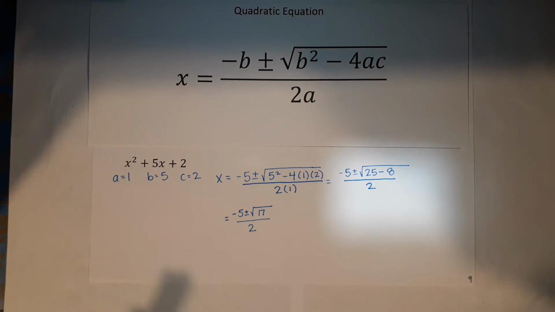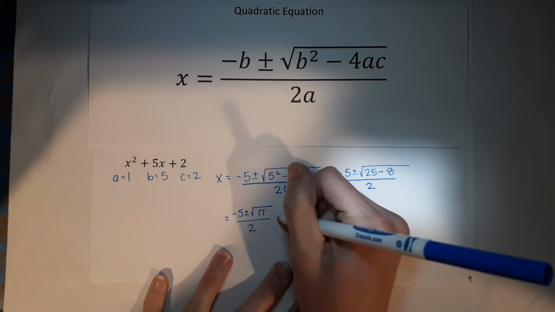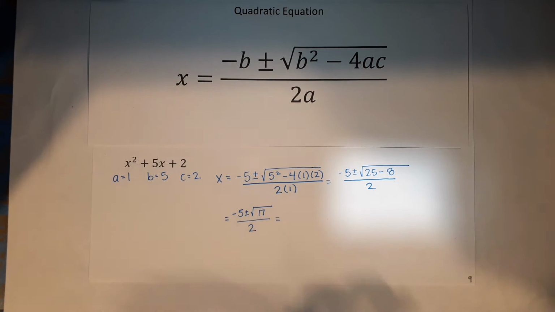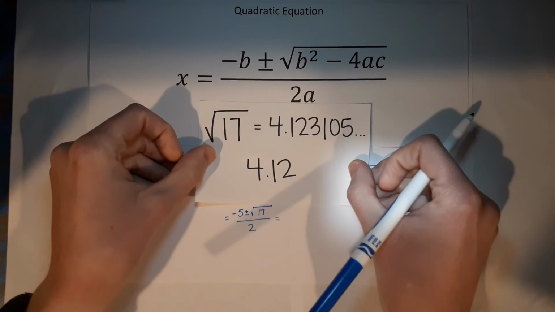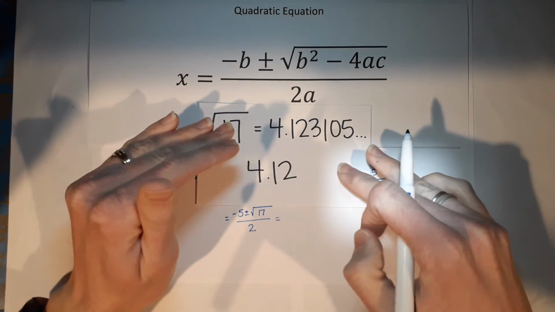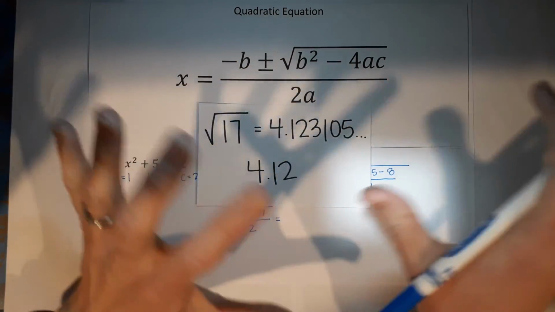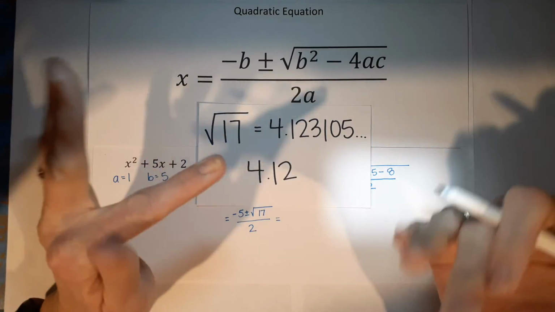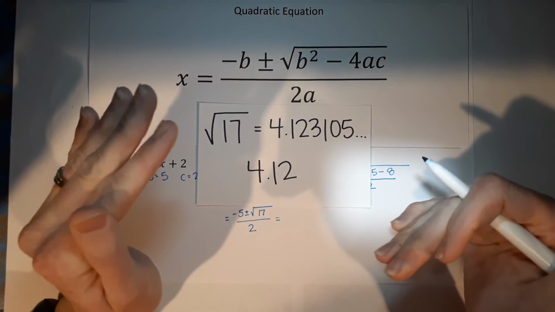Okay. Now this is where I'm going to write a little extra part. All right. You can type square root of 17 into your calculator. This is what it is. It keeps going, but I just wrote it to here. Now, depending on where your teacher wants you to round, it could look a little different.